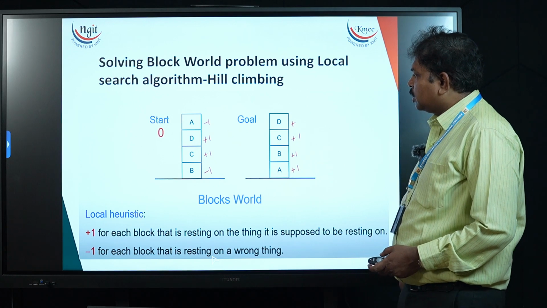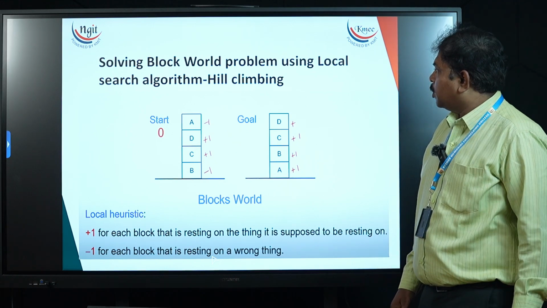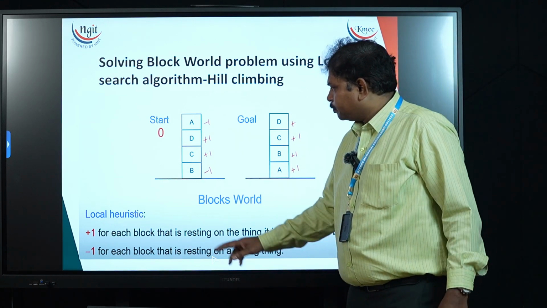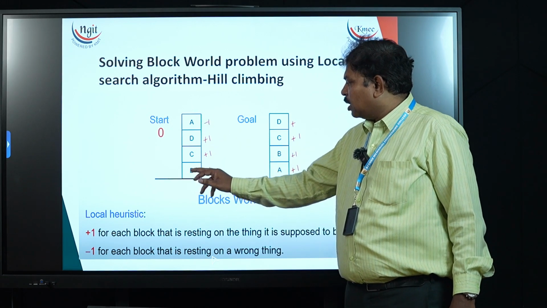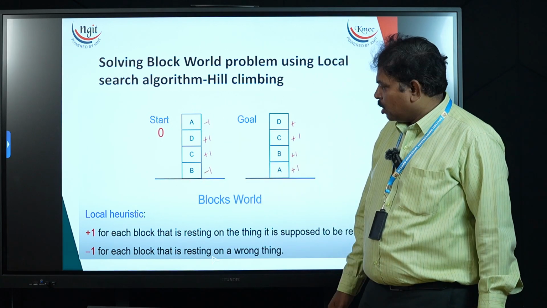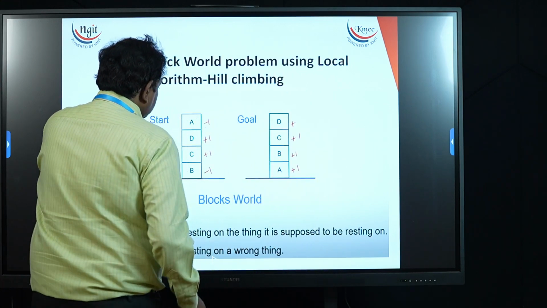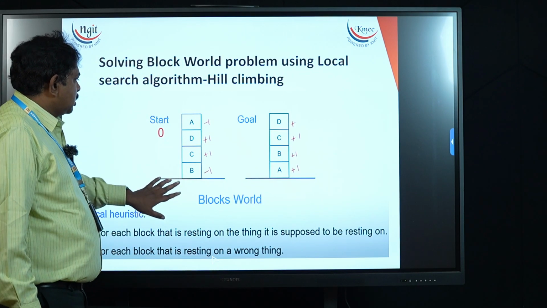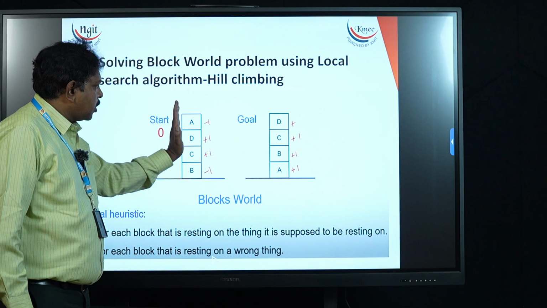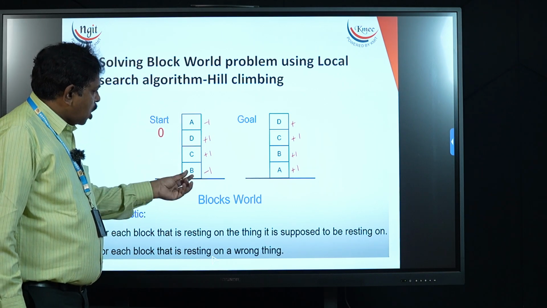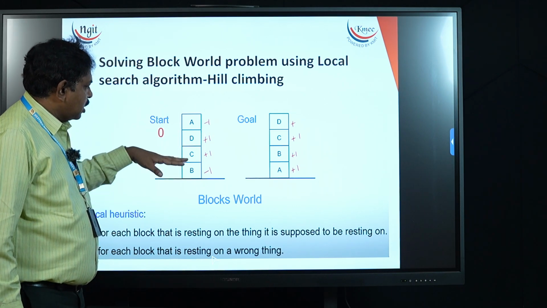Let us see one problem. Suppose there are blocks like this, A, B, C, D, where this is the starting state of the problem, with blocks arranged in this order.